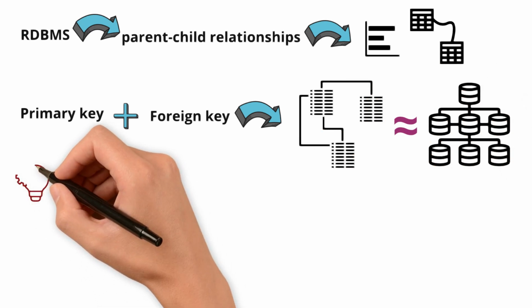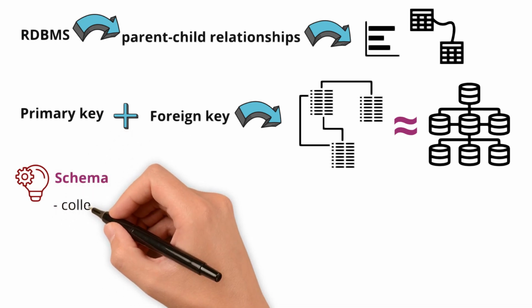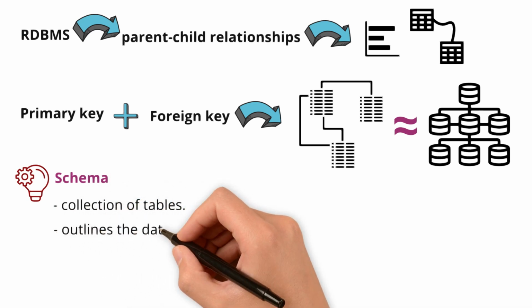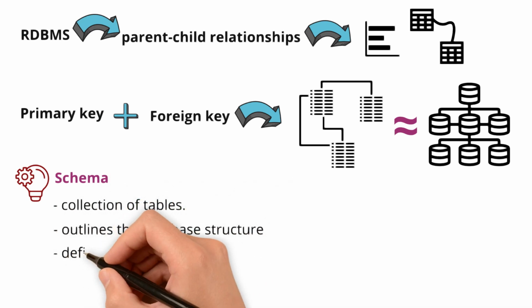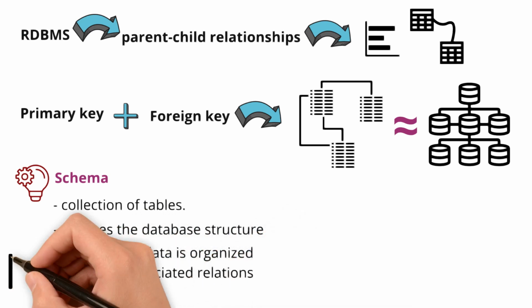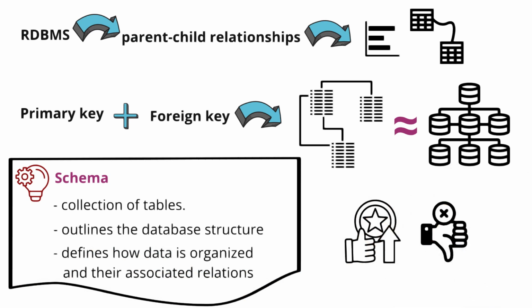Also, another crucial concept to discuss is schema, which is nothing but a collection of tables. It outlines the database structure by defining how data is organized and their associated relations. Let's see the advantages and disadvantages of a relational database.